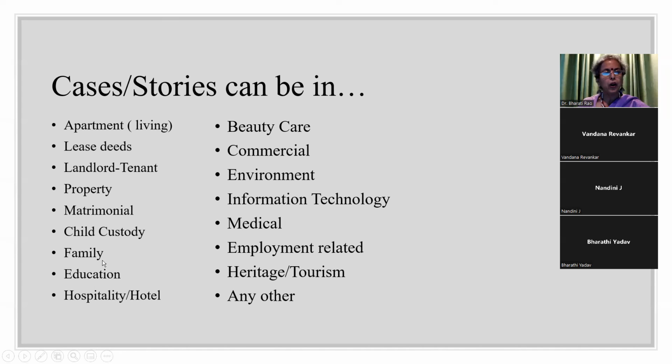And cases could be on any of these areas: apartment, lease deed, landlord-tenant, property, matrimonial, child custody, family, education, hospitality, beauty care, commercial, environment, information technology, medical, employment related, heritage and tourism, anything that you can think about.